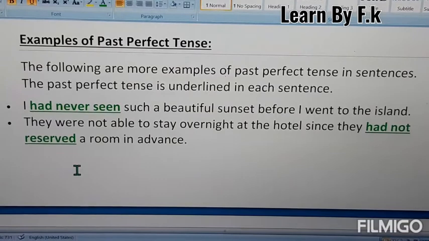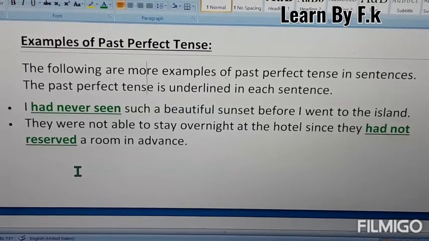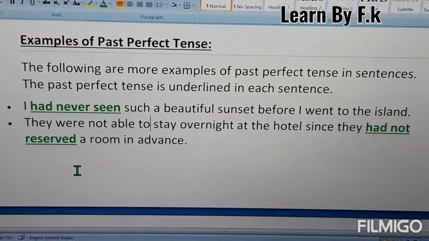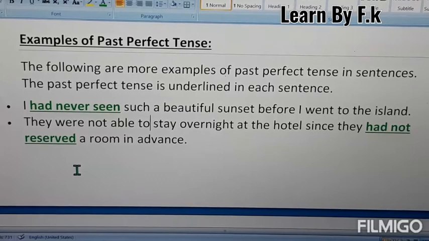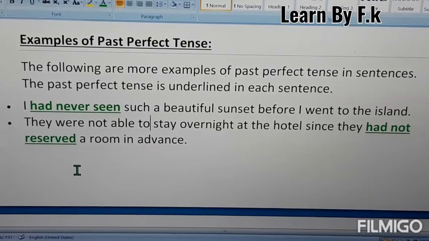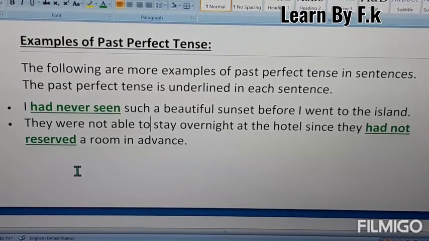More examples, which are underlined. I had never seen such a beautiful sunset before I went to the island. These sentences show two activities, or two tenses, in the same sentence, showing different steps.